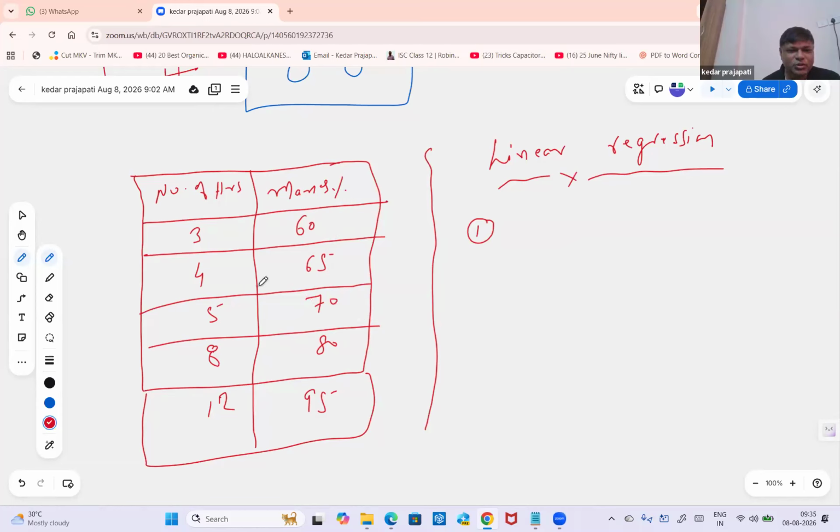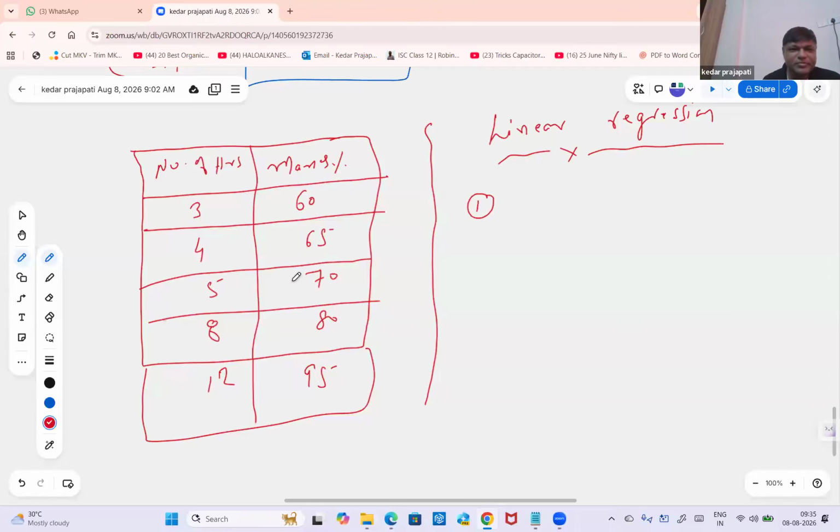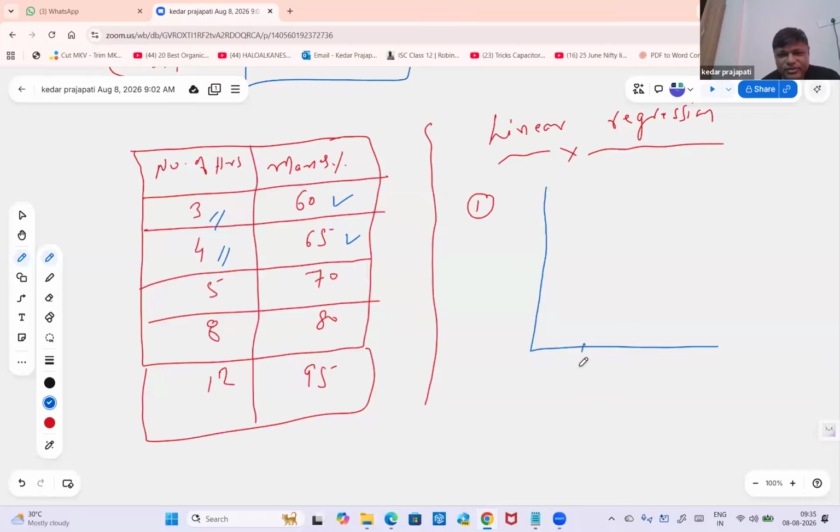Now from here, how is the machine thinking? Maybe the machine will think like a human also. I have a pattern: if someone studies 3 hours, he is getting 60%. Someone studies 4 hours, getting 65%. So what the machine tries to do is create a pattern in this way. It will draw a line. Suppose someone studies 3 hours, then he is getting 60%.